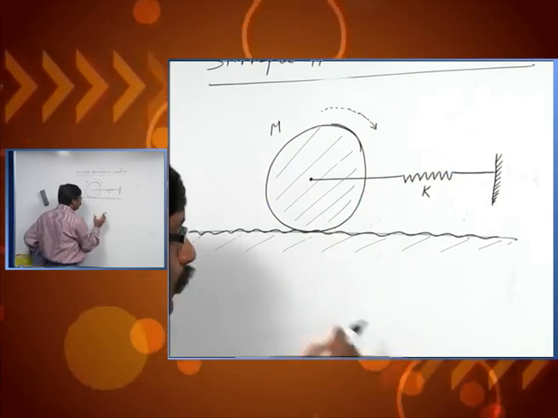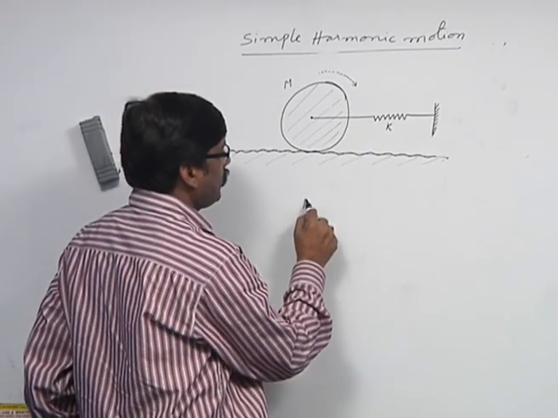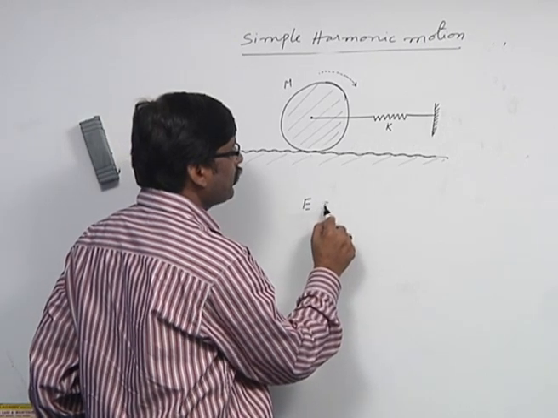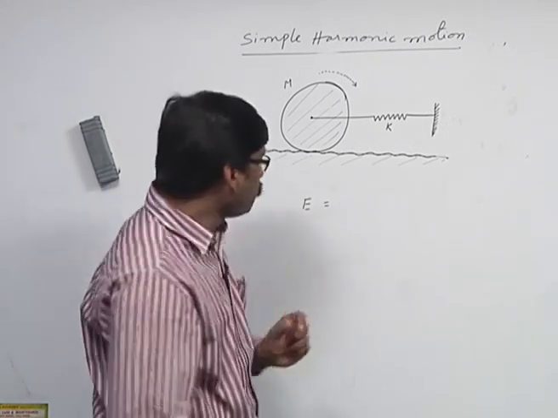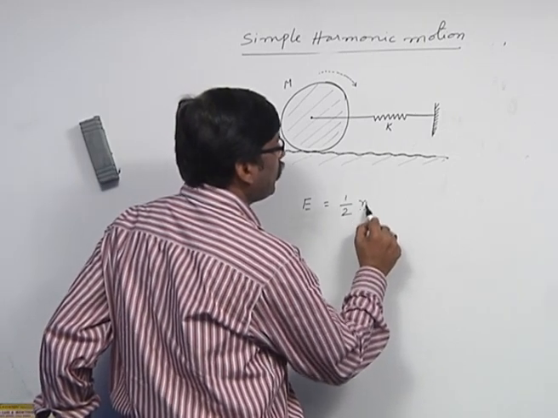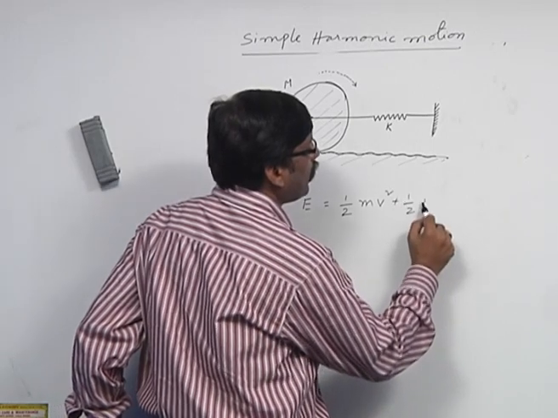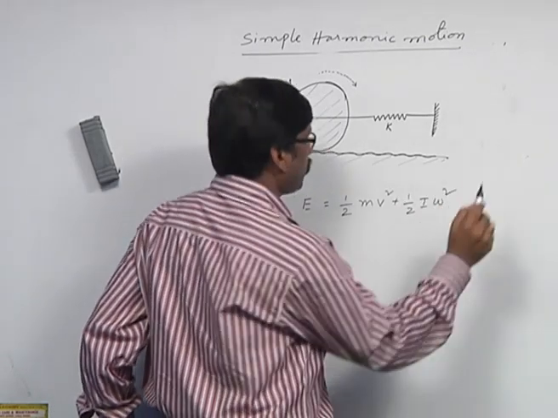Now, we know that in case of rolling, the energy of the object is half mv square plus half I omega square.